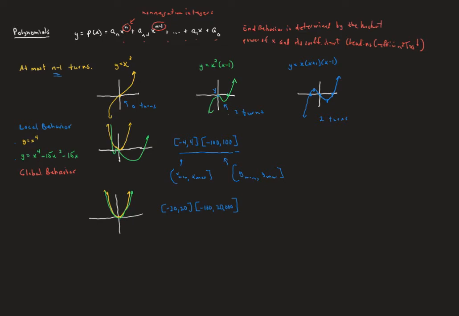So what we see here is that the yellow and green look pretty different because we're looking at just a fairly small window around the origin. That's known as local behavior, when we're talking about behavior up close.